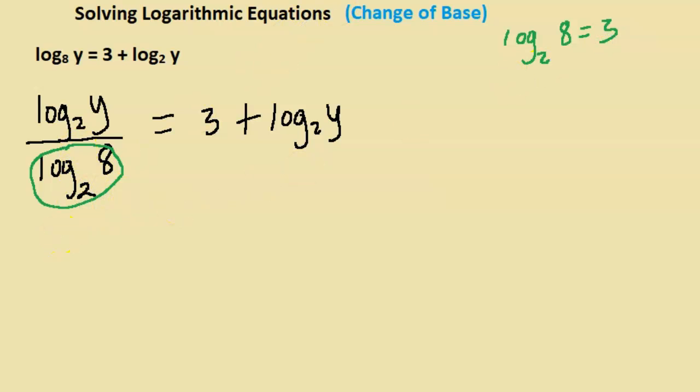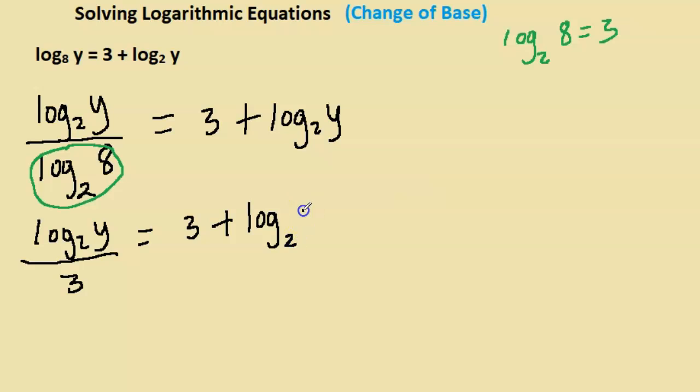So this can be written as log y base 2 over 3 is equal to 3 plus log. And now we need to get rid of the denominator here, so we can times each term by 3.